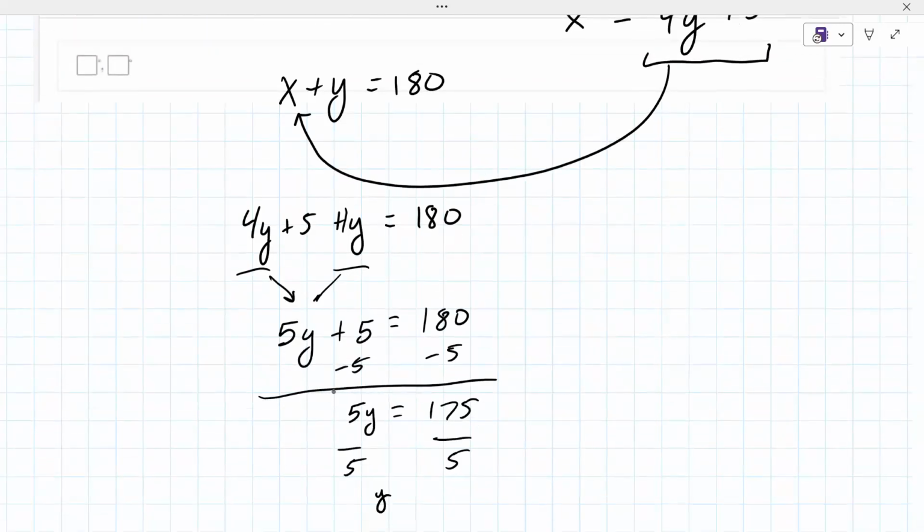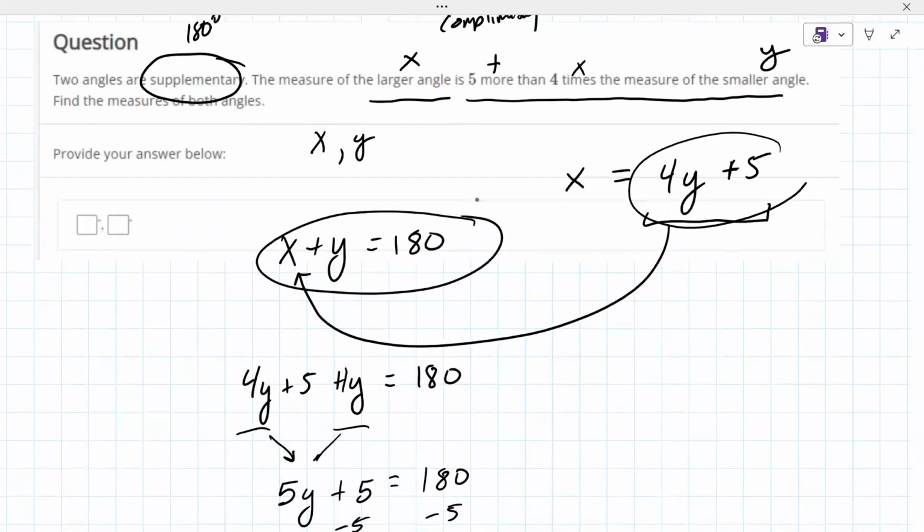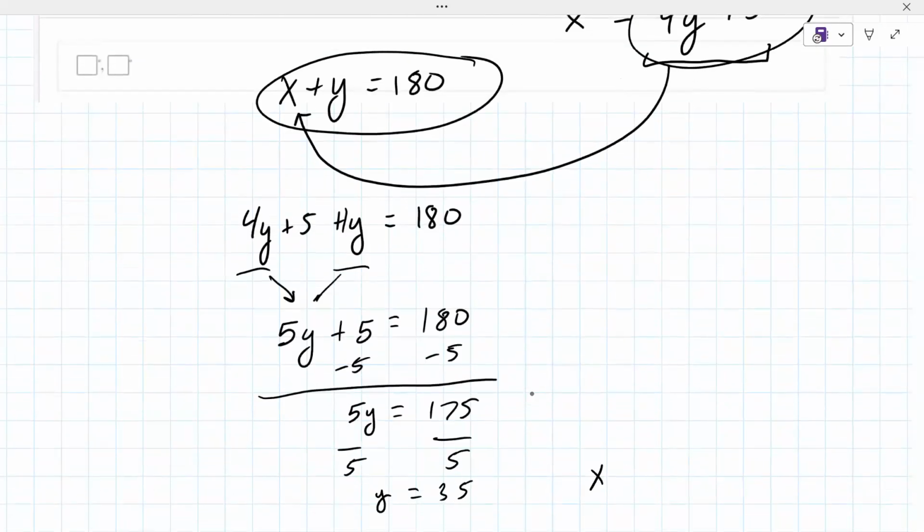Divide by 5, so y equals 35. Okay, but that is not the final answer, right? We need both angles. How do we find the other angle? Well, you have to use one of the other equations, either that one that I've circled or this one that I've circled. Okay. So x is 4y plus 5.